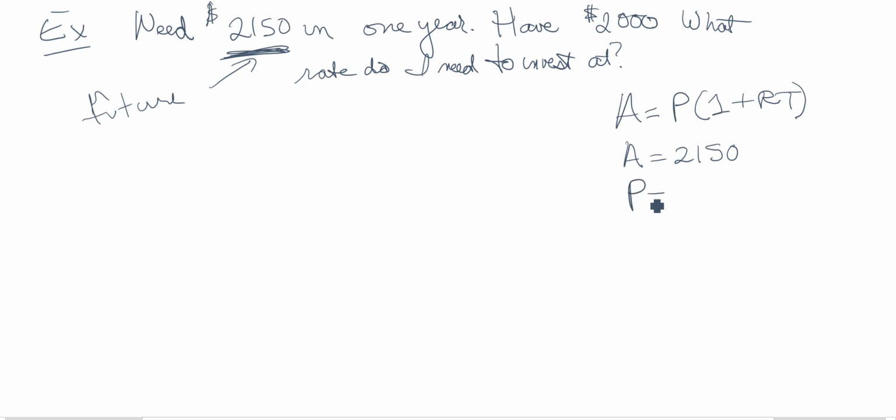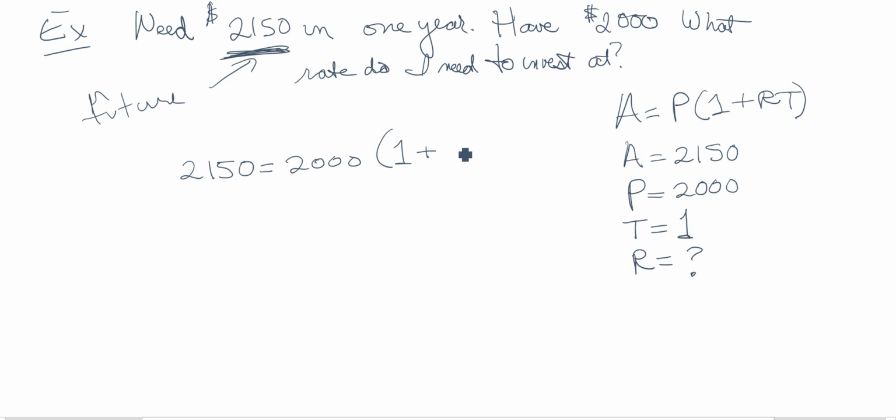The principal or present value is 2,000. The time is 1 year. And the rate is what we're looking for. Substituting, it gives me 2,150 is equal to 2,000 times 1 plus r times 1.